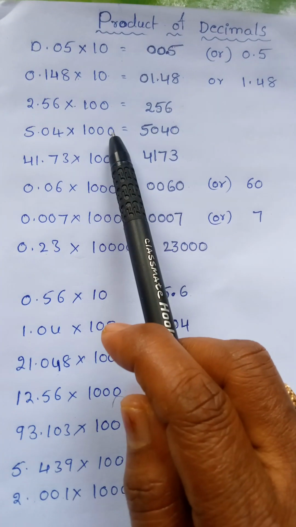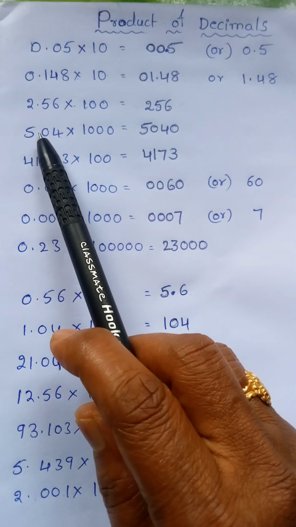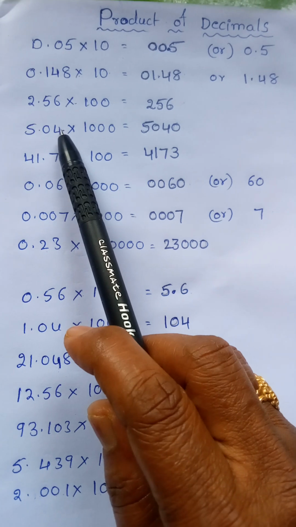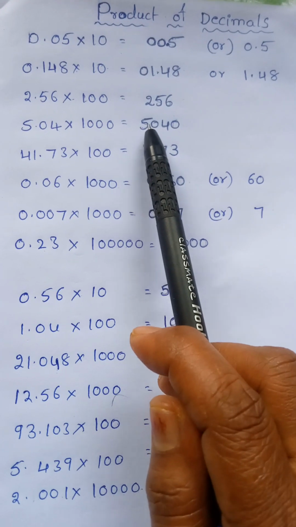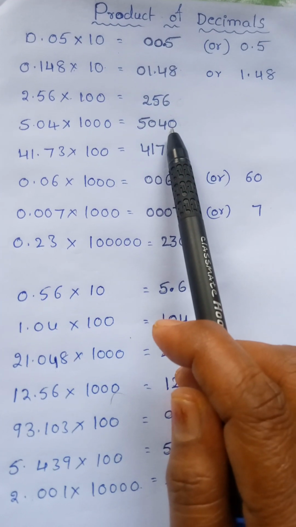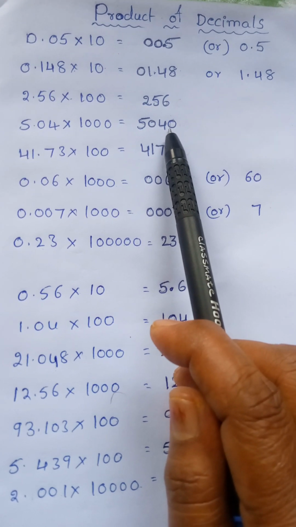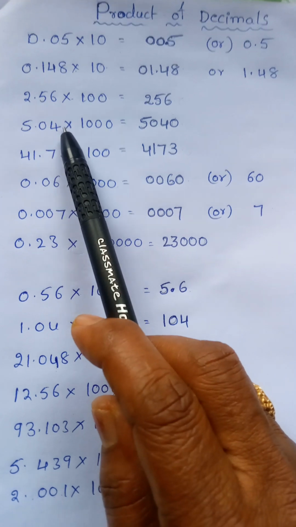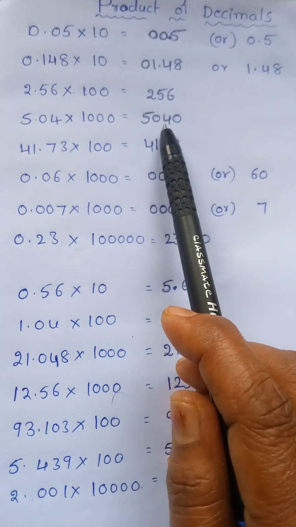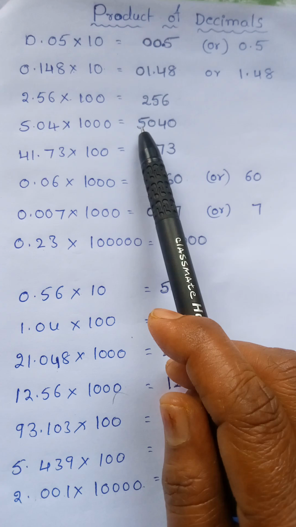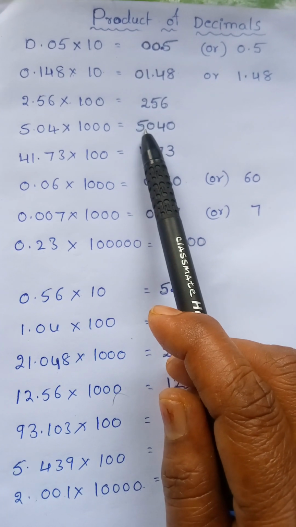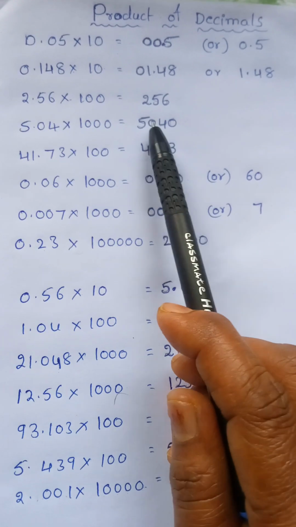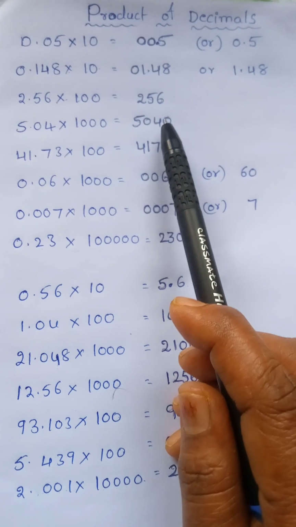The point should move 3 digits to the right, but there are only two digits, so we keep one 0. Then here 0, 4, 0, 3 digits. In the question the decimal point is here, and in the answer it is here after 3 digits: 1, 2, 3.